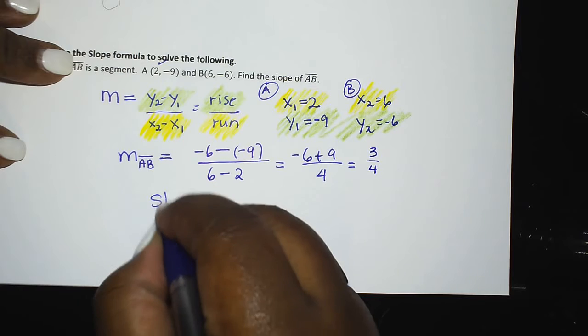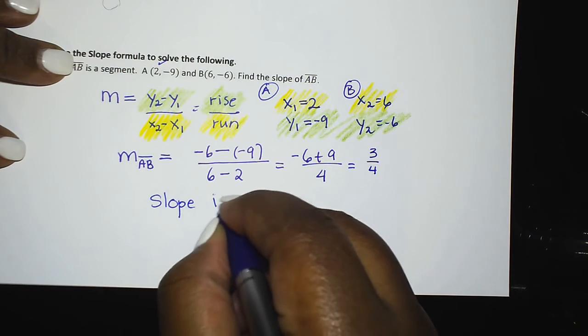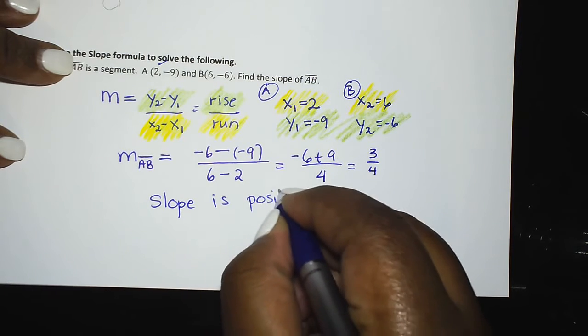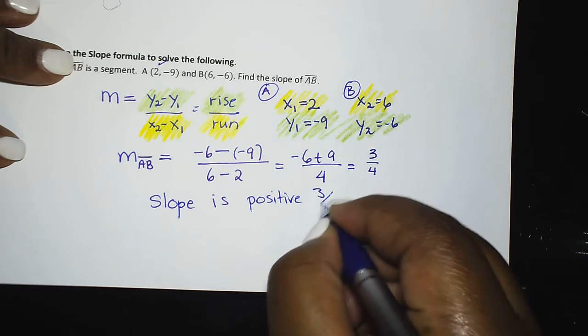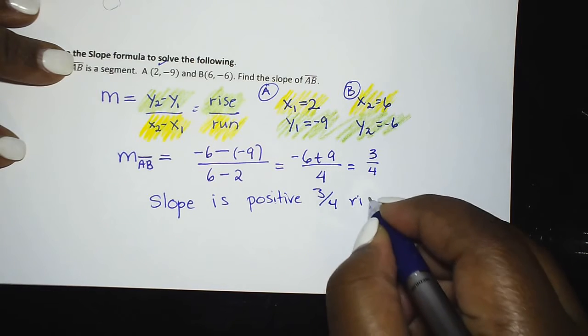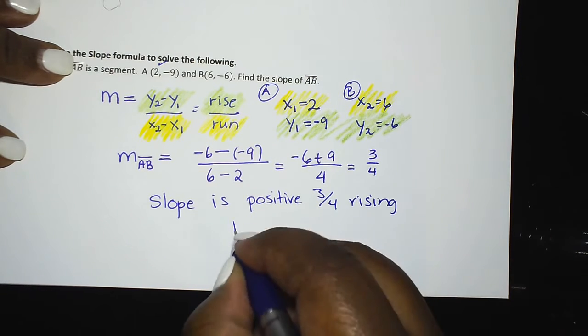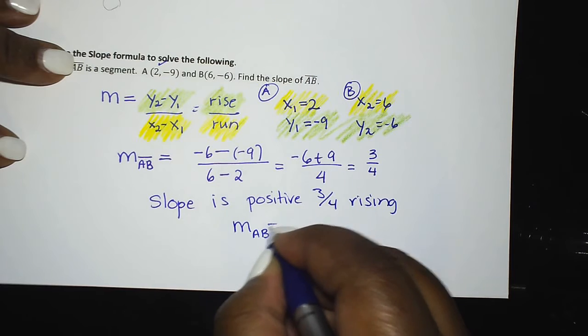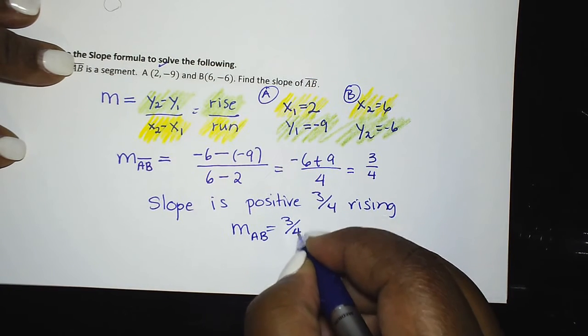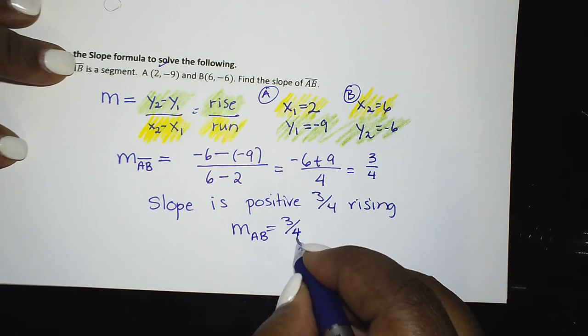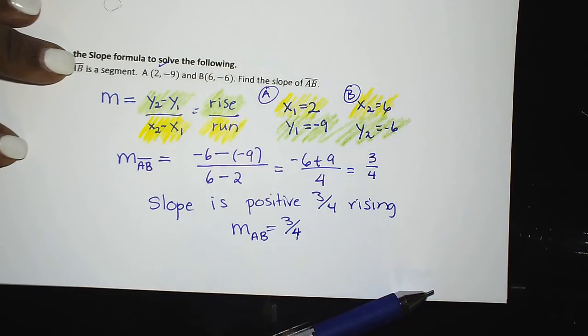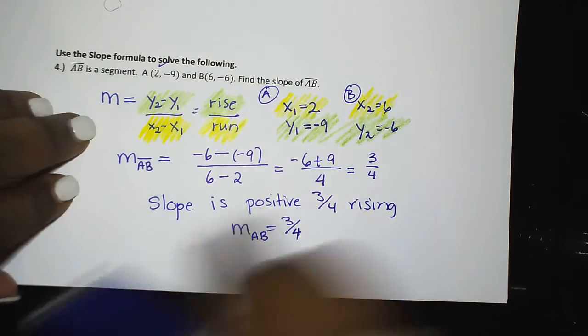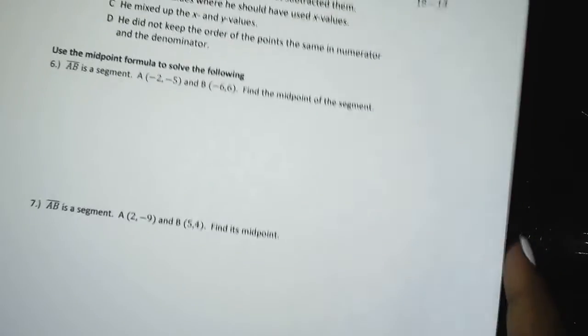So the slope is a positive 3/4. Therefore, it's rising. And that's how you do problem number 4. All right. So I'm just talking about the current assignment.